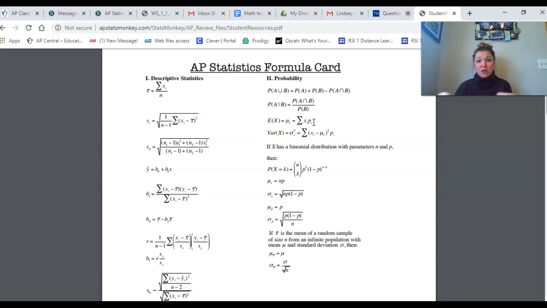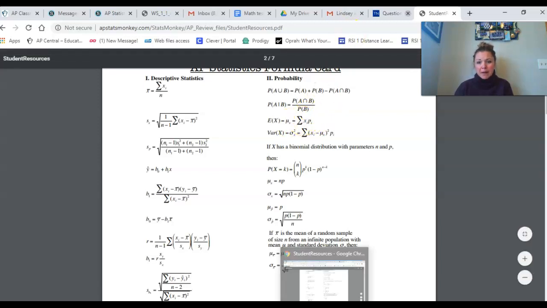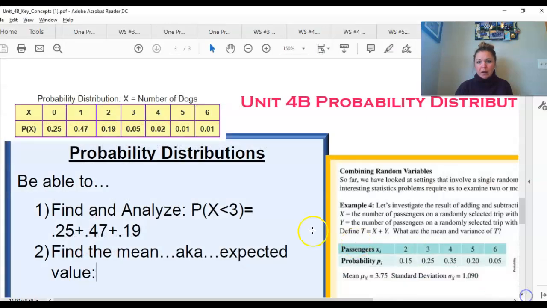So you need to know how to use this formula. So going to our PDF right now, the mean, the expected value: I take that first observation right here times the probability of that observation, plus the second observation times that probability, plus the third times that probability, and so forth.